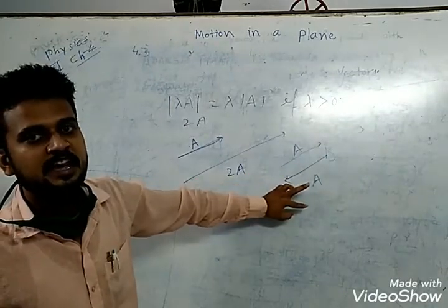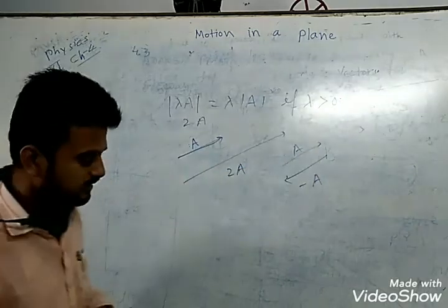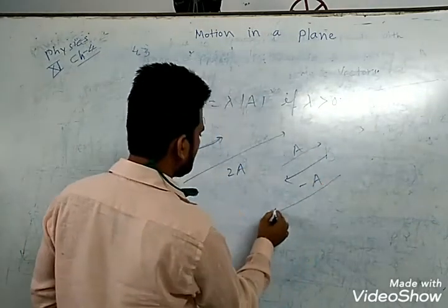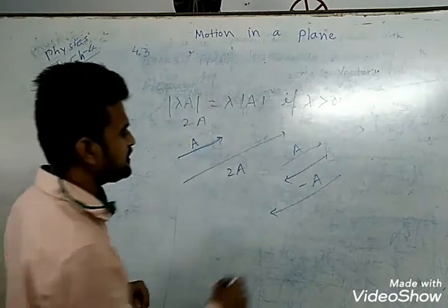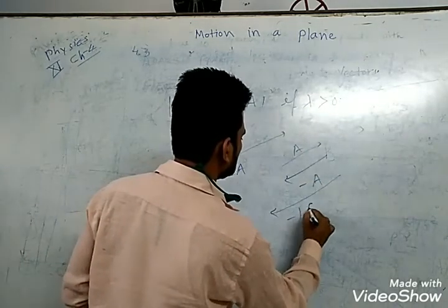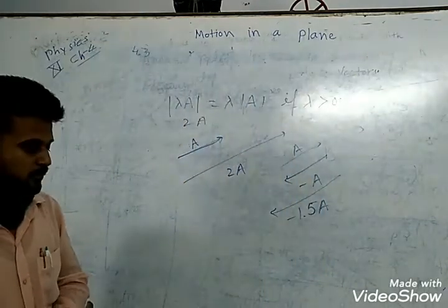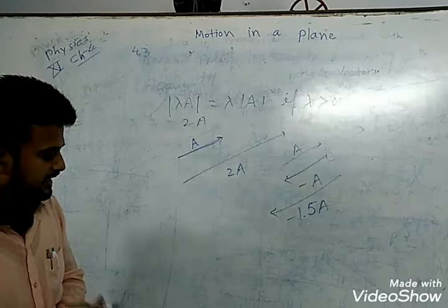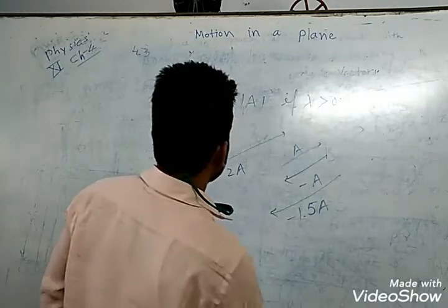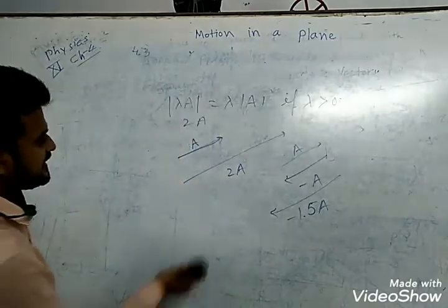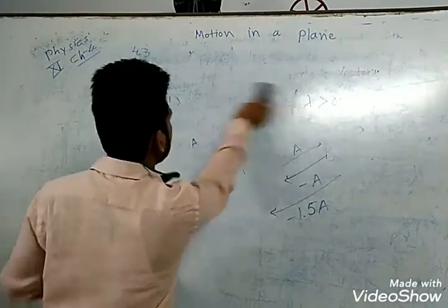Again, the same for multiplying by 1.5 and minus 1.5. So the vector is minus 1.5 A.